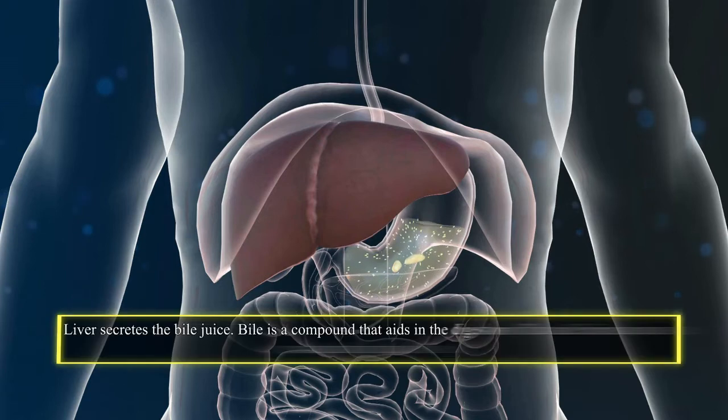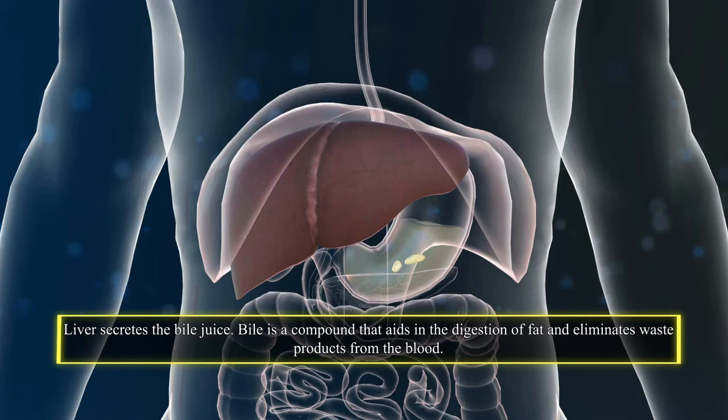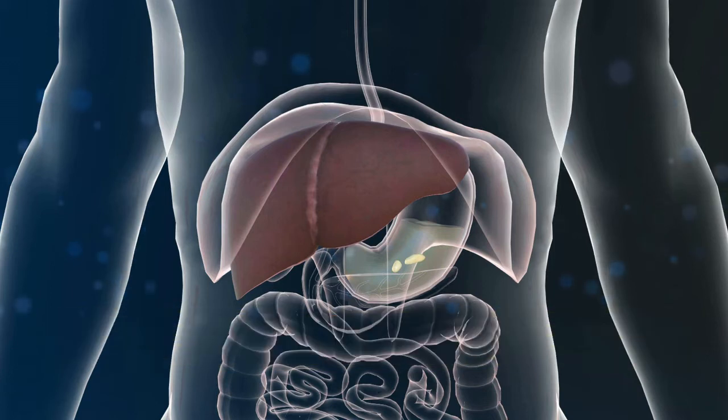Liver. Liver secretes the bile juice. Bile is a compound that aids in the digestion of fat and eliminates waste products from the blood.